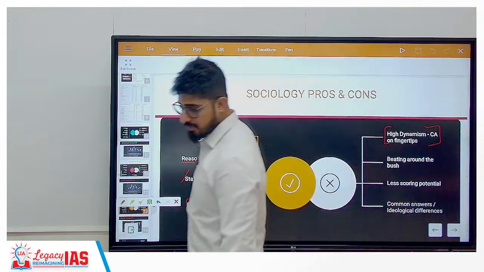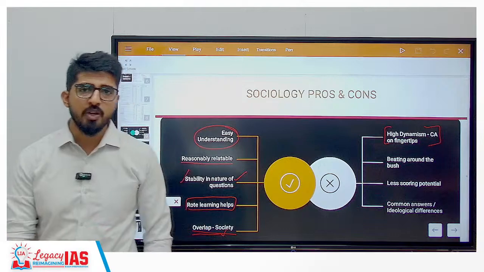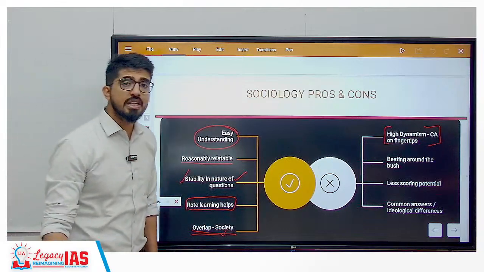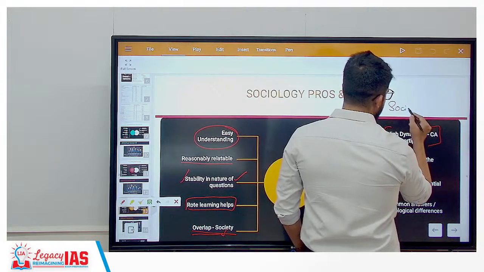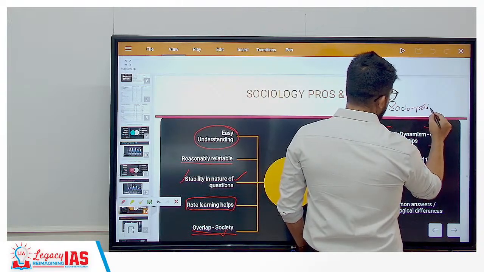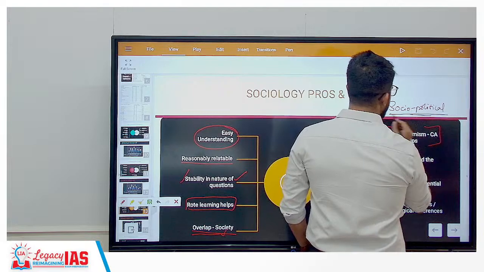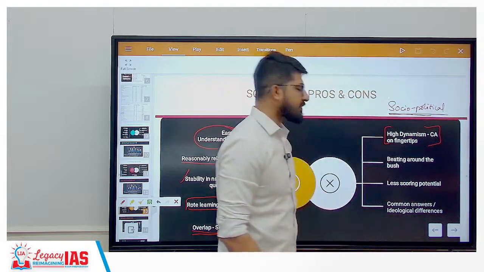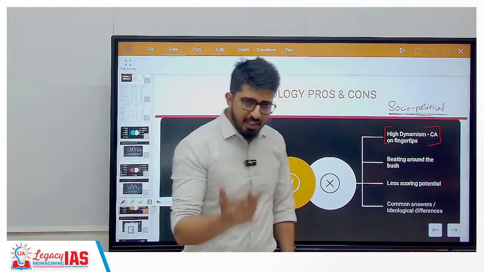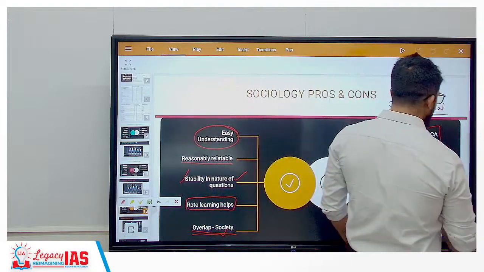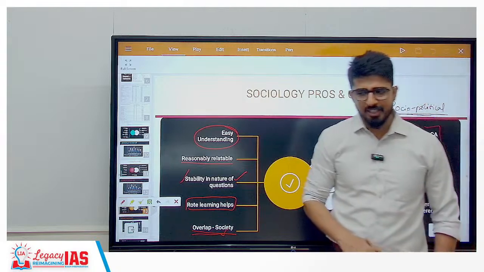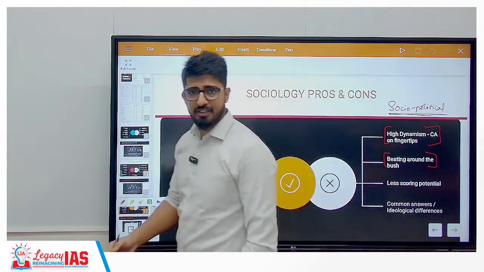And then the negatives of this particular subject. CA on fingertips. That is, your current affairs should be on fingertips related to the social issues, socio-political issues. And when you start studying the subject, because you know most of the content already, how the society works and all that stuff, how a marriage works, right?